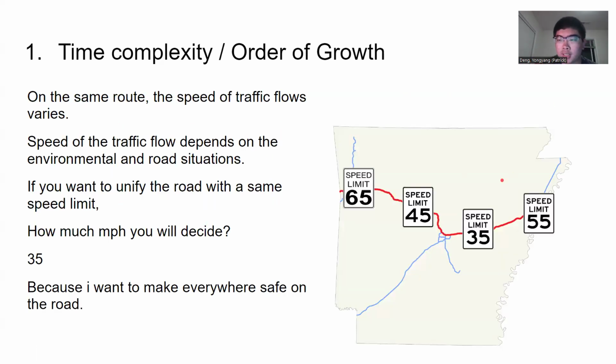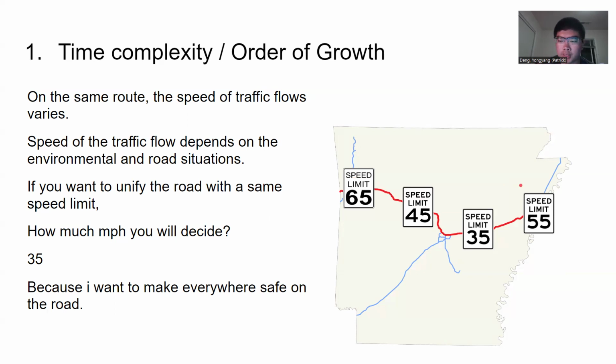So another one is, let's use the example of the highway. Suppose on the same road, when I'm traveling through towns and through countryside, I will have different speed limits. I may have 35, I may have 65.